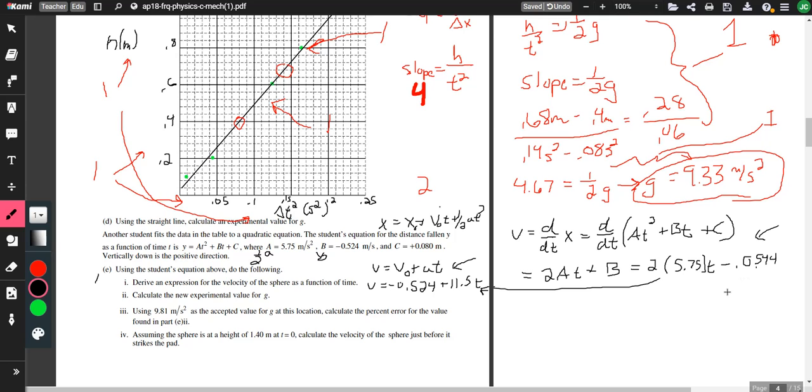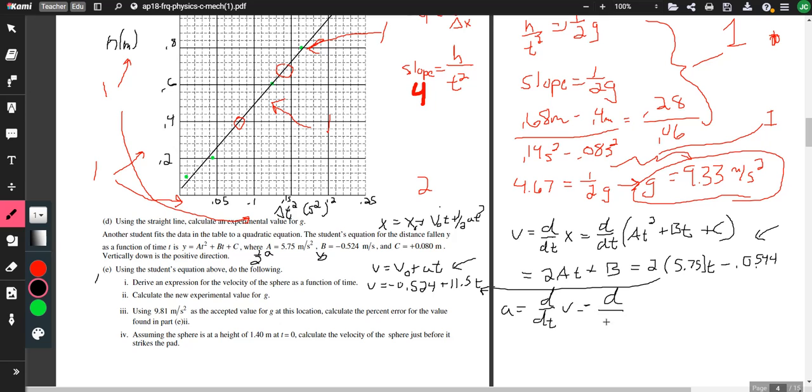For part 2 of this, they want us to find the new value for g. I actually have two options. I can take the derivative of this velocity equation, because remember, acceleration is the time derivative of velocity.